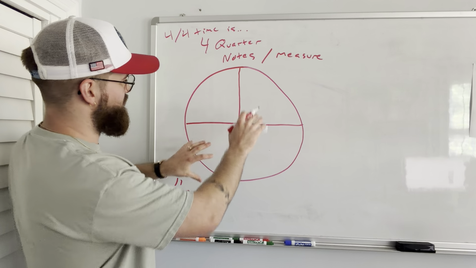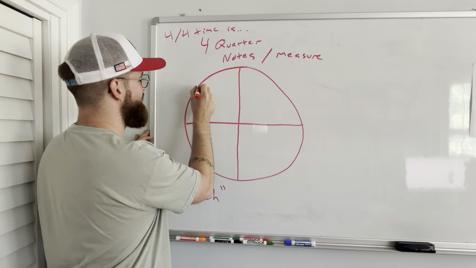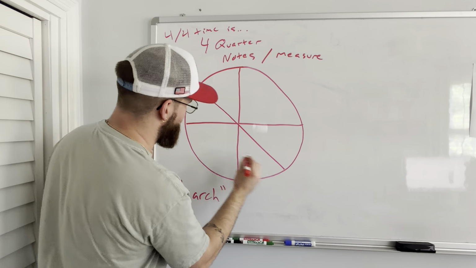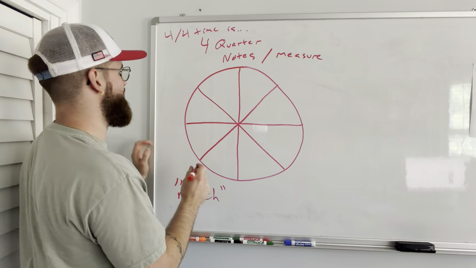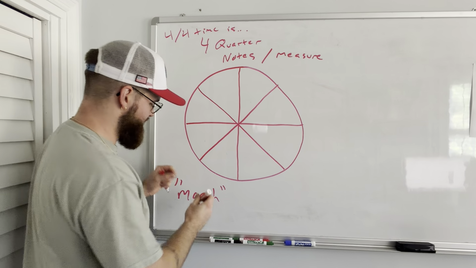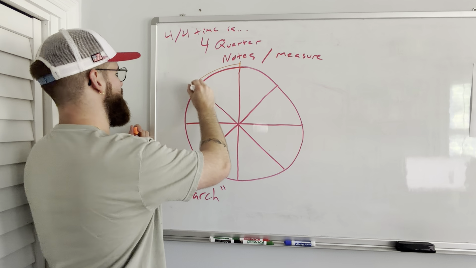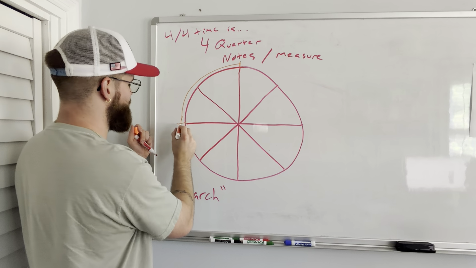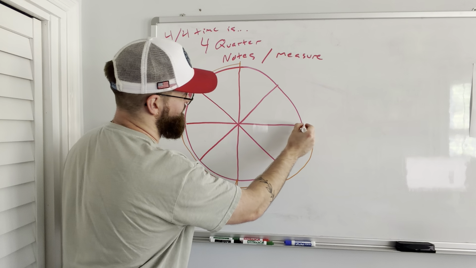You break down 2 halves, you get 4 quarters. You break down 4 quarters and you wind up with 8 eighth notes. All right, now I want you to see that we still have the quarters represented here. All right, don't lose that, it's important.